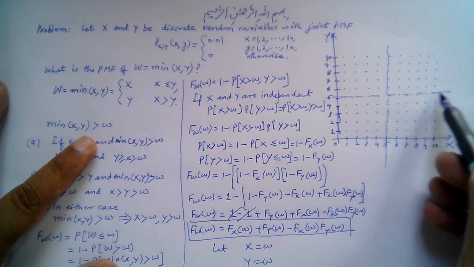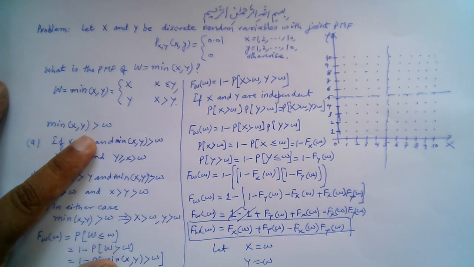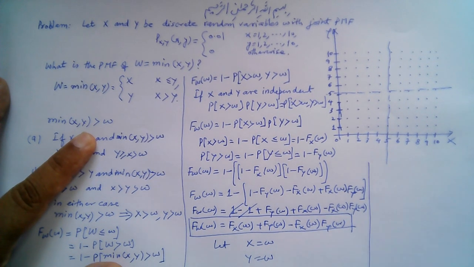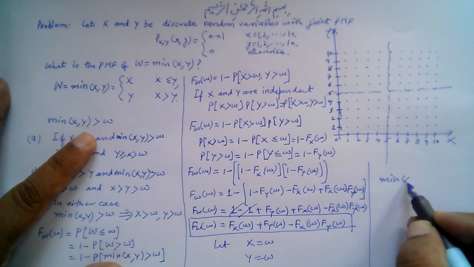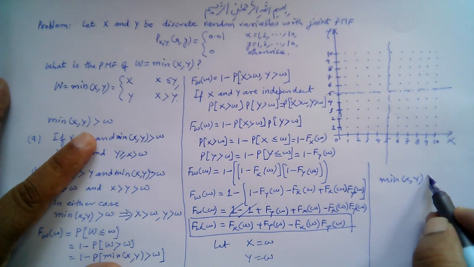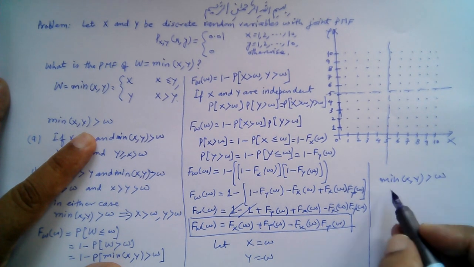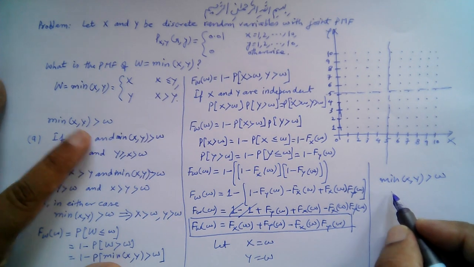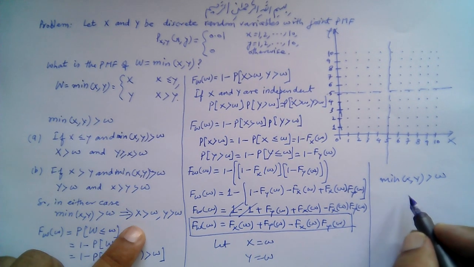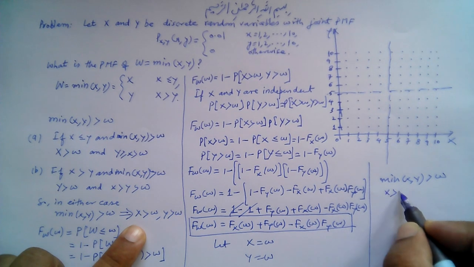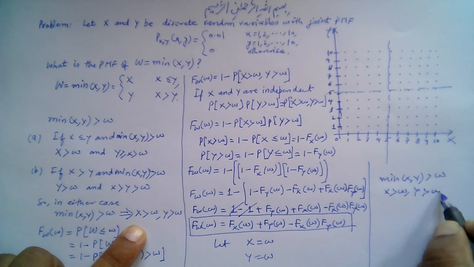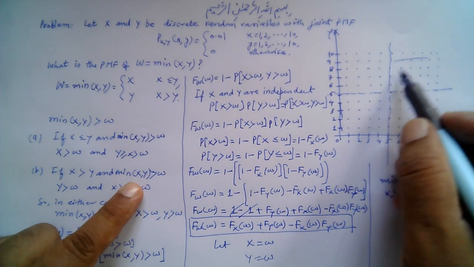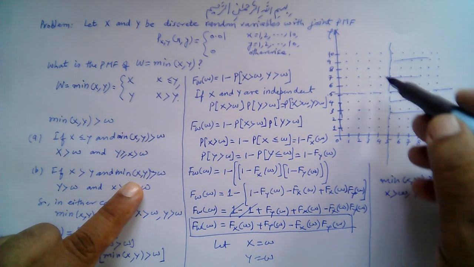So if we now consider the region that min of X comma Y is greater than W, and this is actually what we have already found out here: X greater than W and Y greater than W. So X greater than W is this region right here, and Y greater than W is this region here.